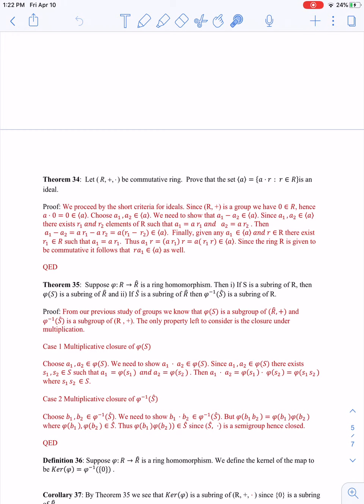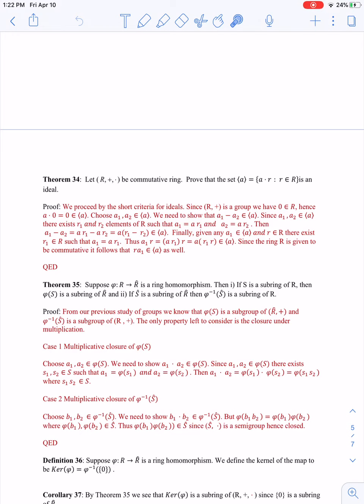Then A1 R is A times R1 times R, and the point is I've written it as something in A times something in R. That's what it means to be in the cyclic subring generated by A.